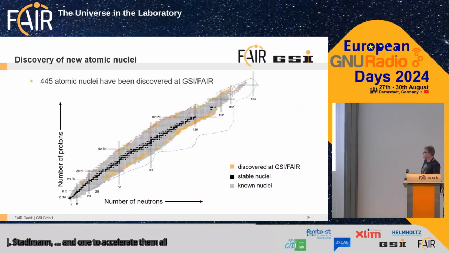And this is the nuclide chart, or the periodic table of elements for the physicist. In one direction is protons, in the other direction is neutrons. And these black ones here are the ones which you can find in nature. And all the other ones are the ones our scientists want to explore and do science with. And quite a lot of them, the orange ones, were actually discovered here at GSI.